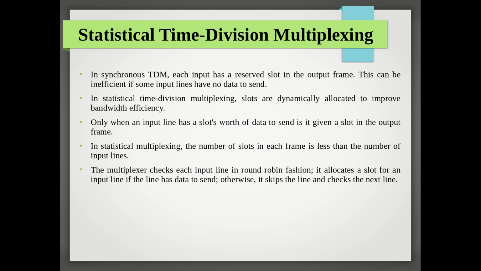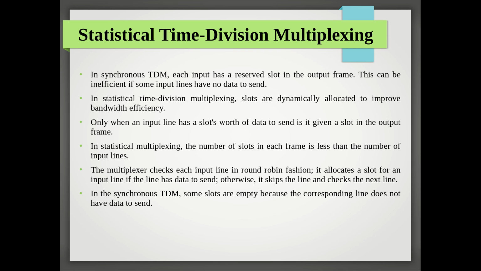Only if the particular input line has data to send will a slot be allocated. Otherwise it skips that line and checks the next input line. It will tightly pack all information into the frame without any empty slot. In synchronous TDM, some slots are empty because the corresponding line does not have data to send. Such a situation is not here.